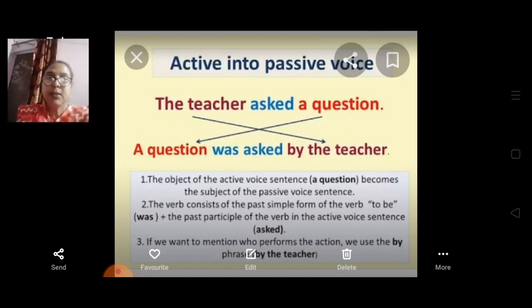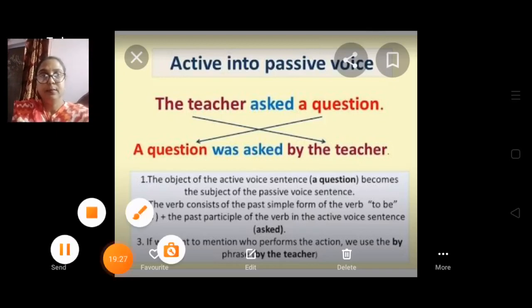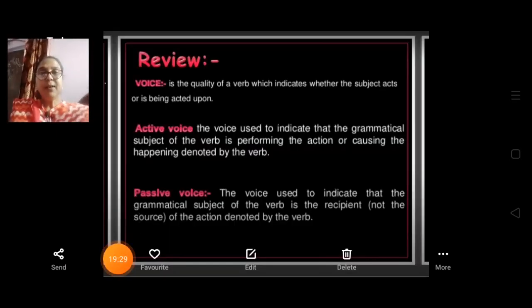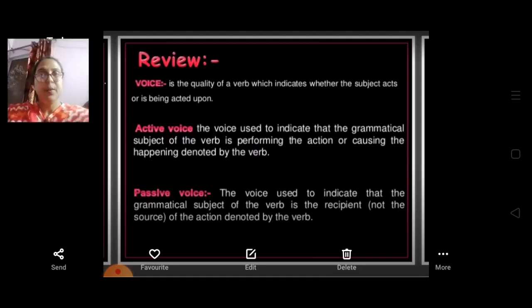So let's review what we have learned today. Voice is the quality of a verb which indicates whether the subject acts or is being acted upon. The active voice is used to indicate that the grammatical subject of the verb is performing the action or causing the happening denoted by the verb.